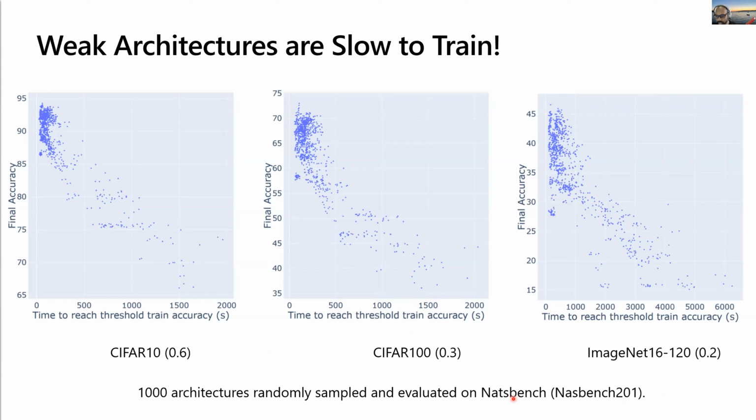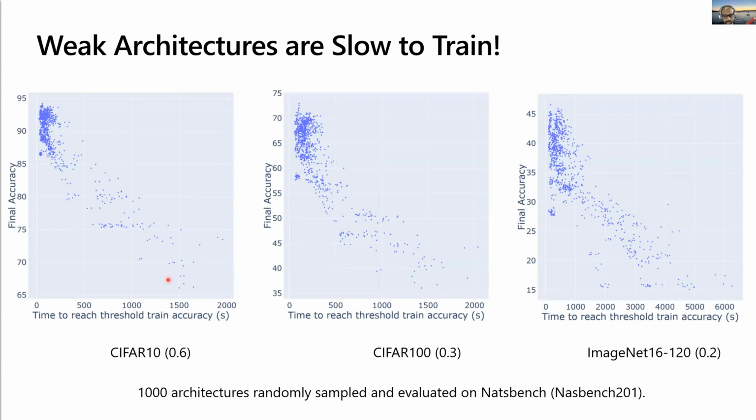But on the original NATS-Bench 201, which in NATS-Bench is called the topology search space, we sampled 1,000 architectures. All the experiments are done on V100 machines on the same hardware, so the times at least are self-consistent.